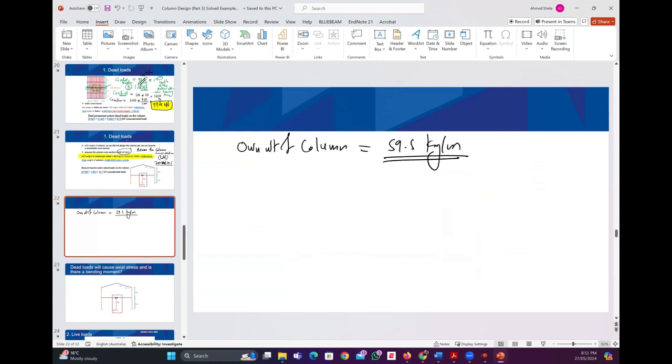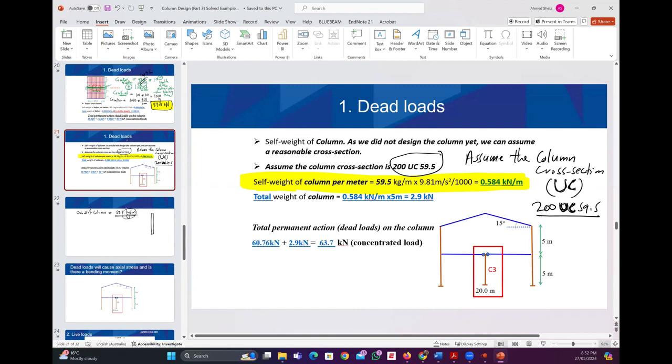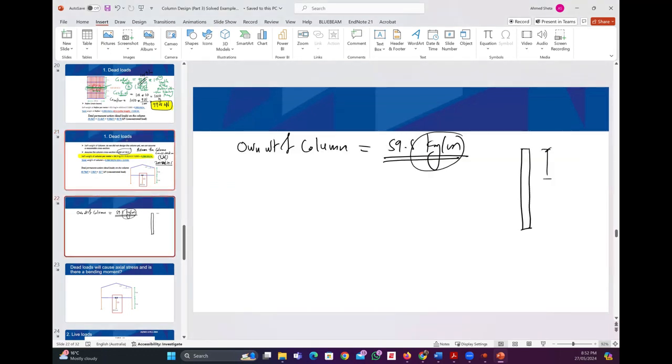This mass is for 1 meter of the column. So do we accept this per meter, or do we need to convert it to kilonewton? If this is our column, how much is the height of the column here? 5 meter. So we need to find the total weight of a 5-meter column.